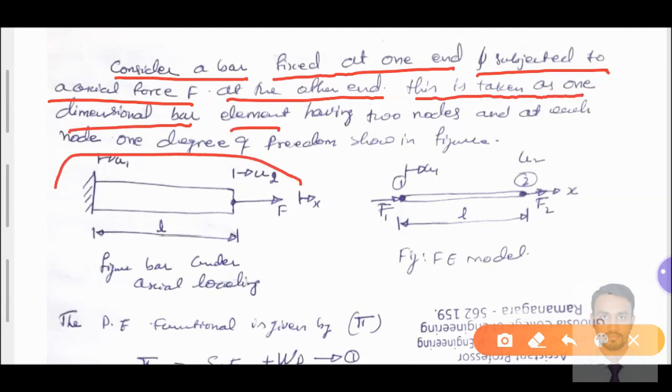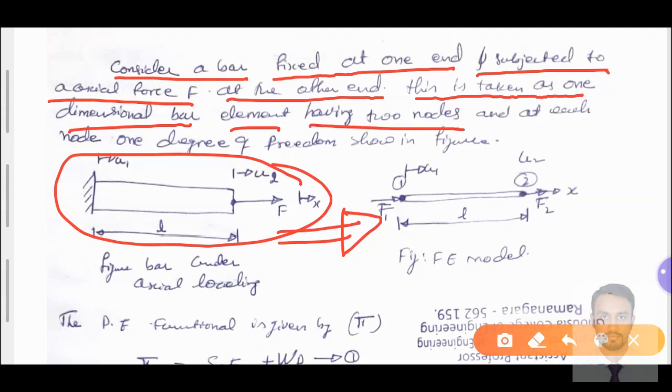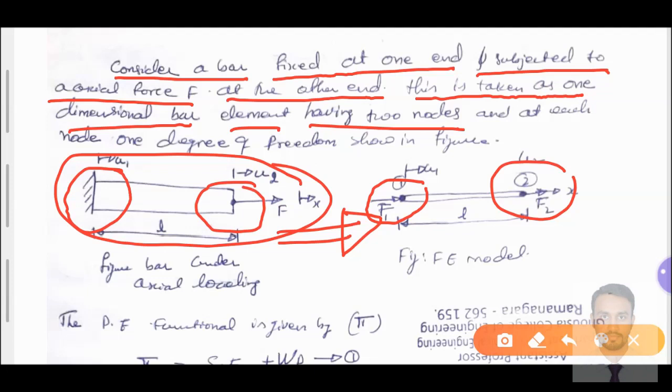This is the bar element we have considered, and it has been considered as a one dimensional bar element having two nodes, node number 1 and node number 2, based on the position of the fixed end and free end of the bar element with force, and each node has 1 degree of freedom.